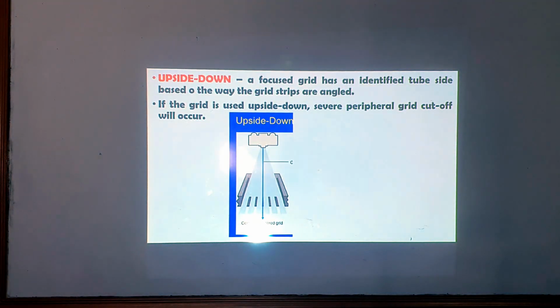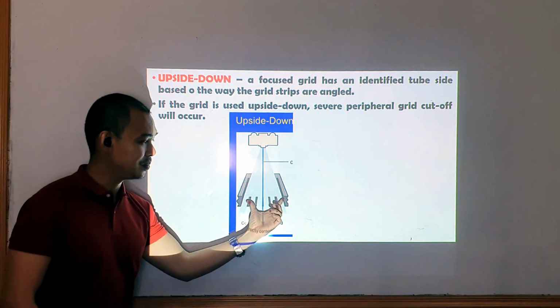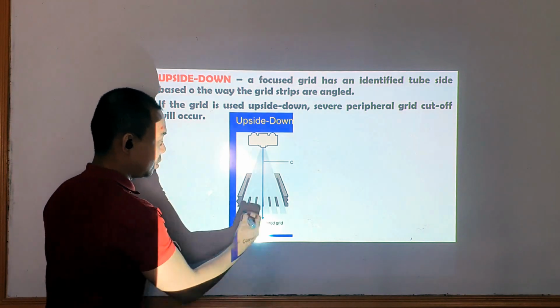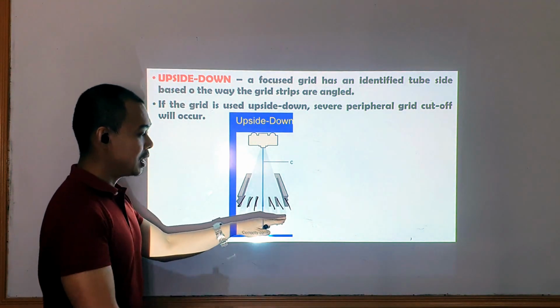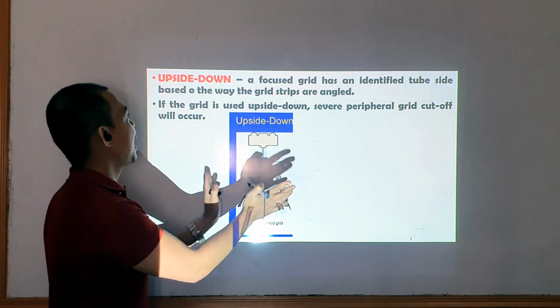Another one, guys, is your upside down. A focused grid has an identified true side based on the way the grid strips are angled. If the grid is used upside down, severe peripheral grid cut-off will occur. Try to look at this one. You have your focused grids, right? Can you imagine, guys, if you are going to have an upside down?